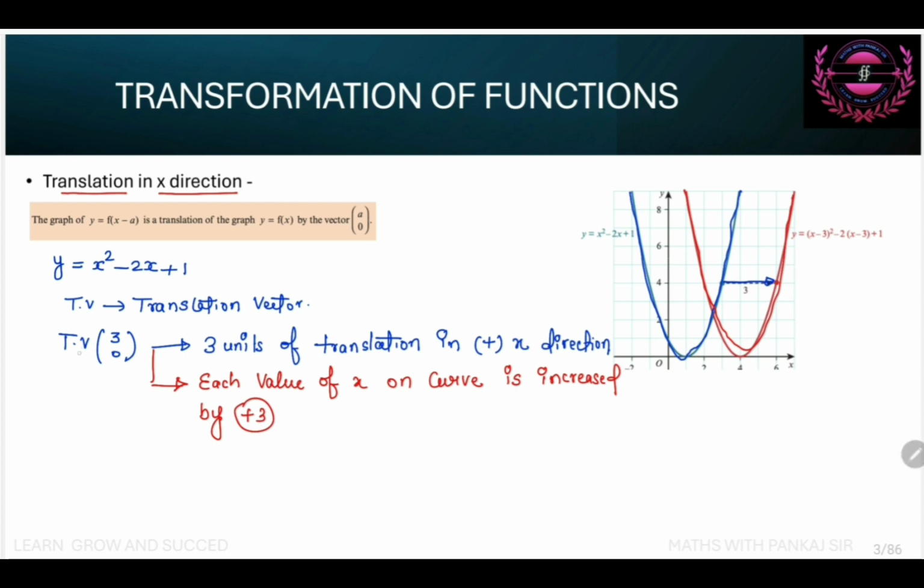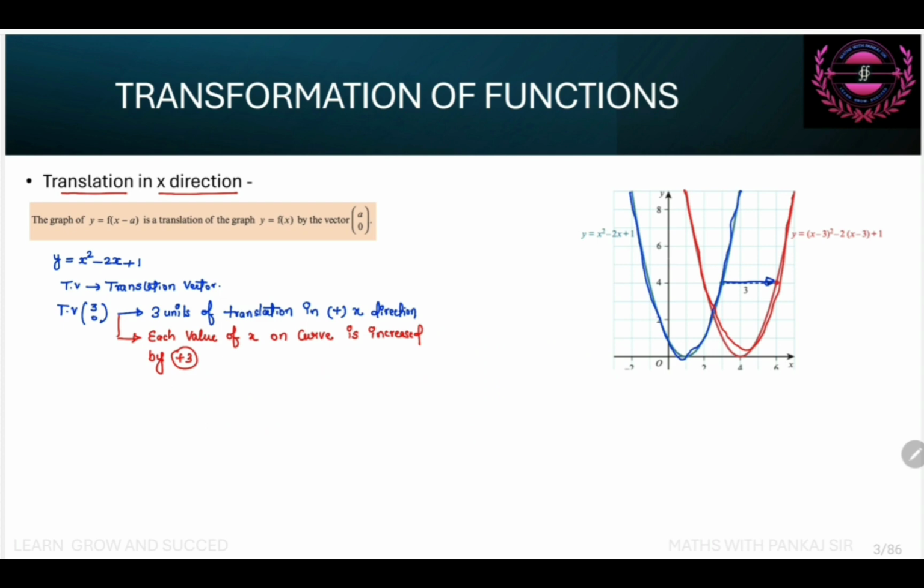So for example, if I have to translate this graph with the translation vector (3, 0), I will have to replace x with x minus 3.